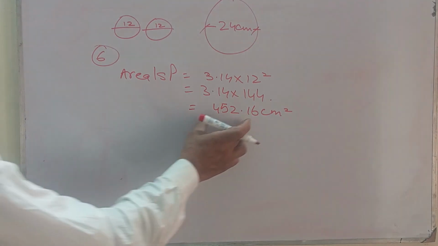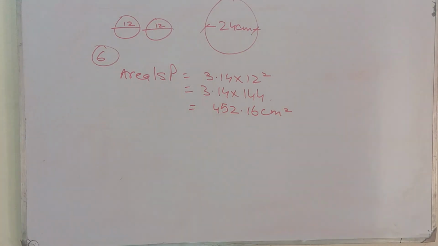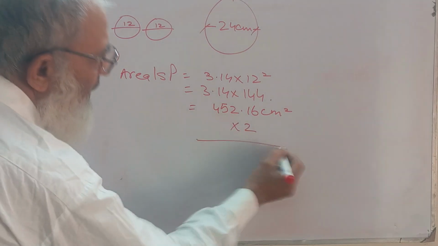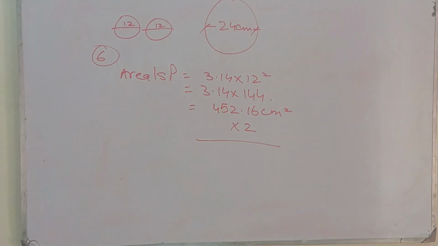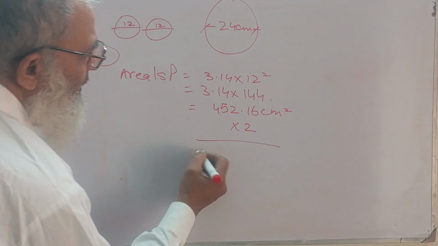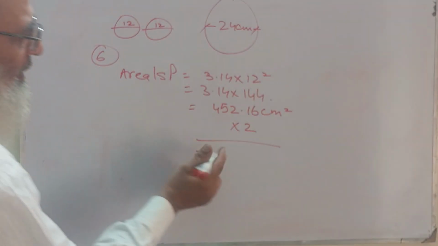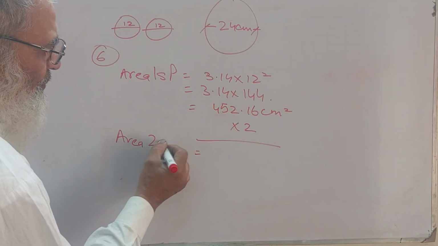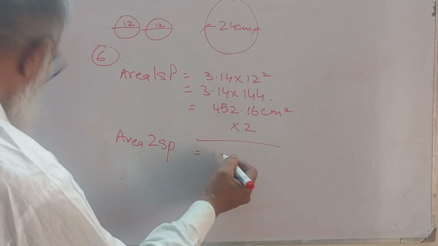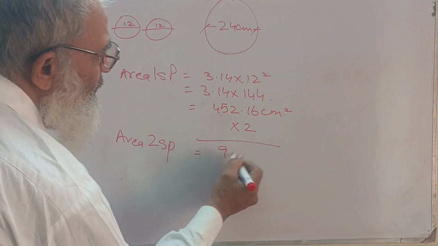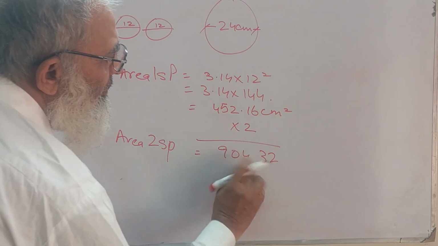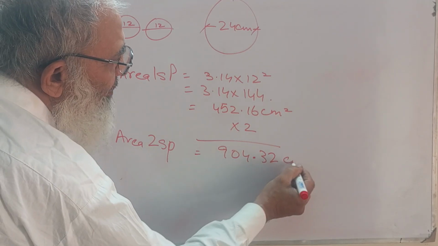The area of one pizza is 452.16. Now, since there are two pizzas, we have to multiply it with 2. Area of two smaller pizzas is equal to 904.32 centimeter square.